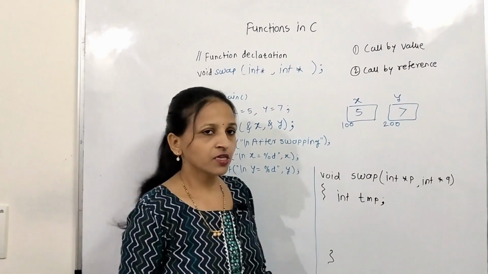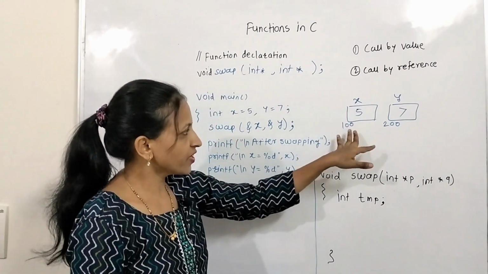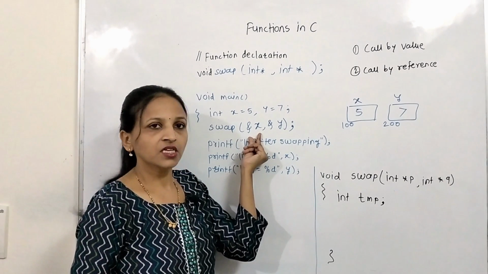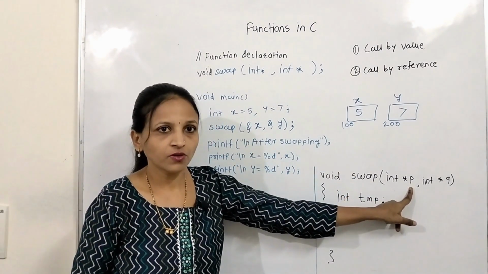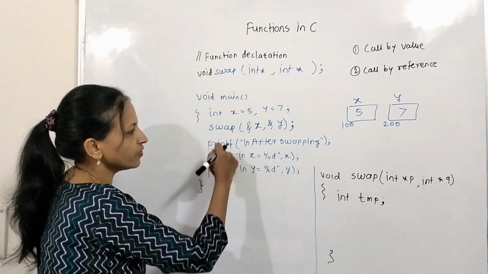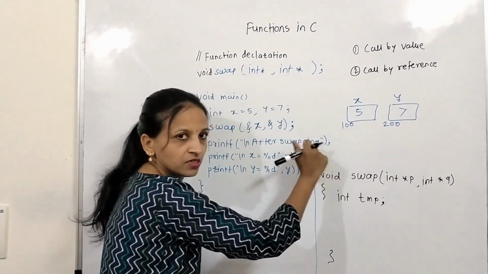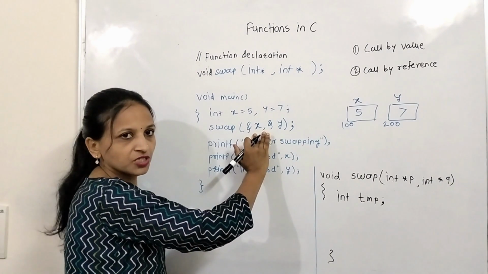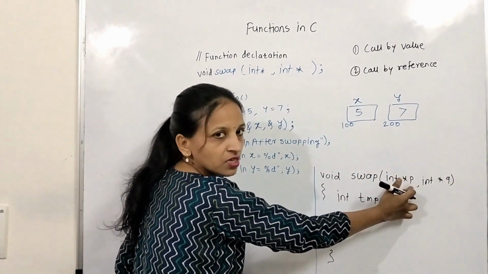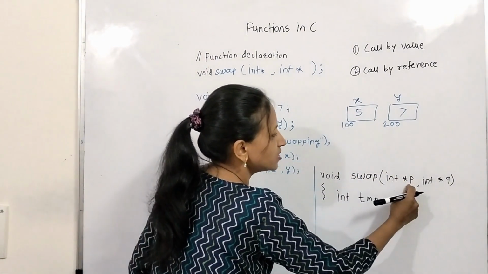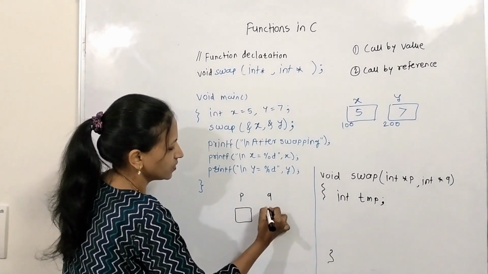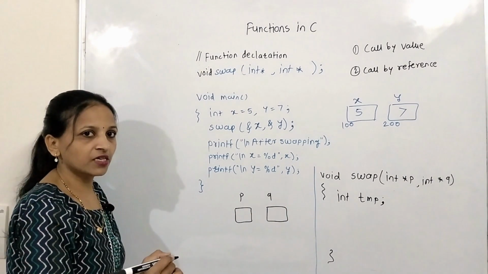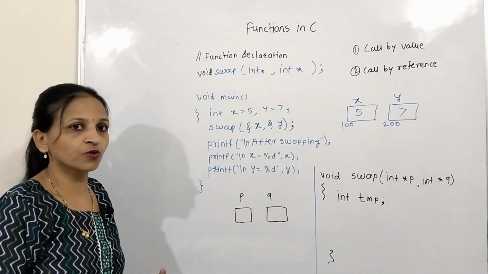Now see what will happen here. Address of x, which we are passing, will get stored inside p. Whenever the function is called, control will be shifted here, and automatically memory will get allocated for p and q. But p and q cannot hold values.